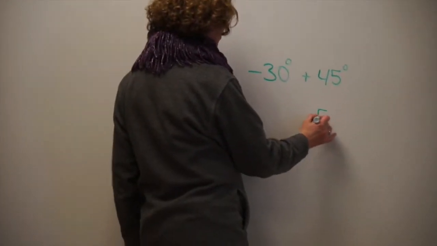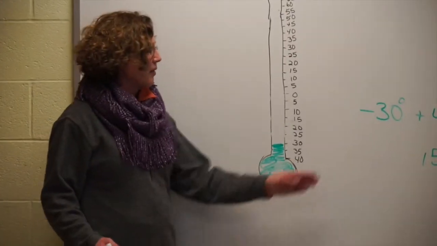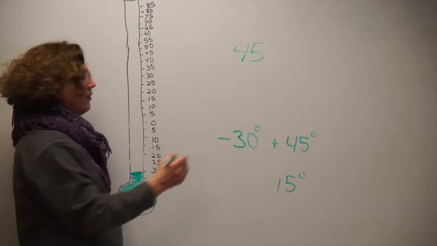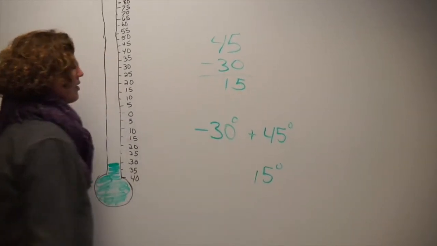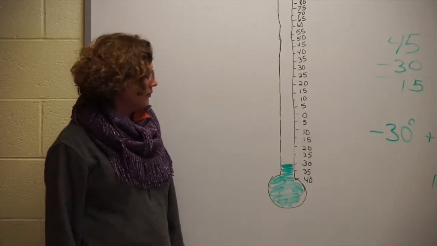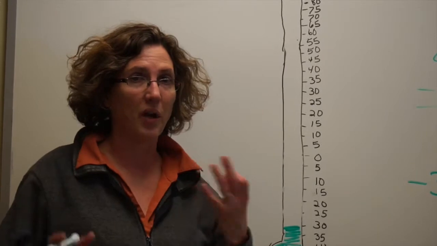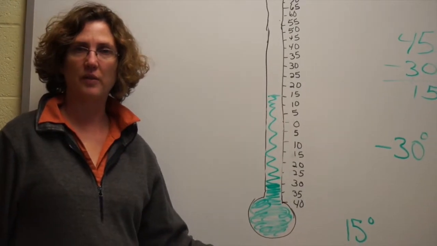It would be 15 degrees above 0. We can do the same by using our math operation. 45 minus 30 will give us a positive 15 degrees. So if the temperature did rise 45 degrees, I would be hot, and so I took my scarf off. Now we're at 15 degrees.